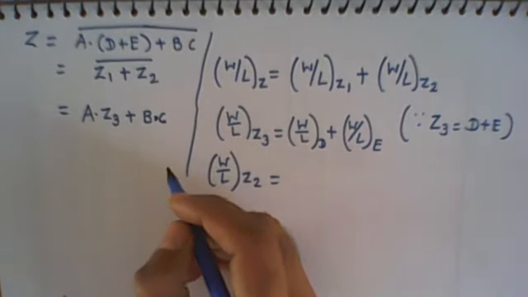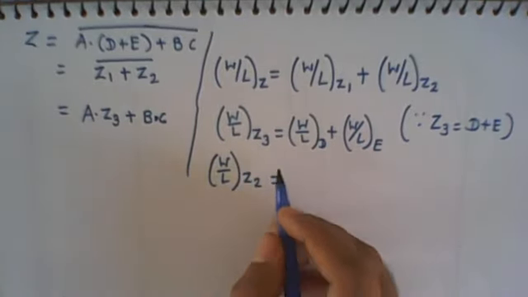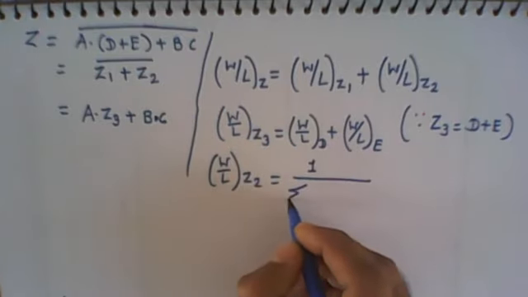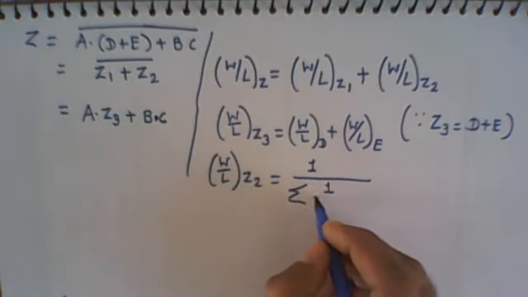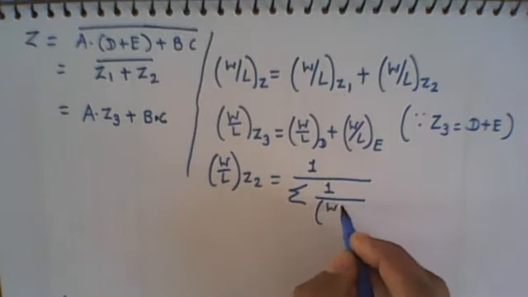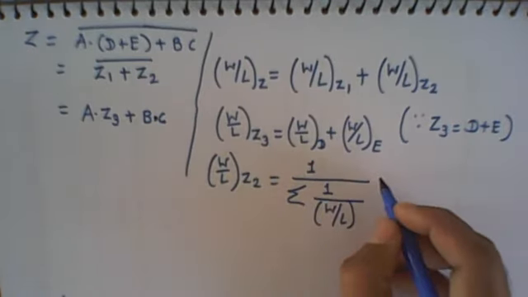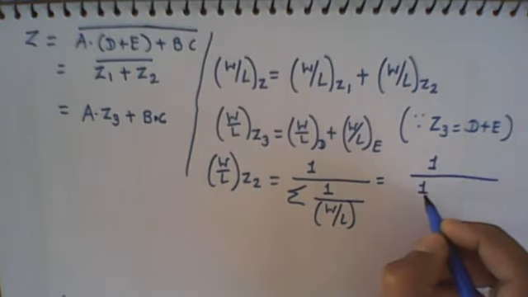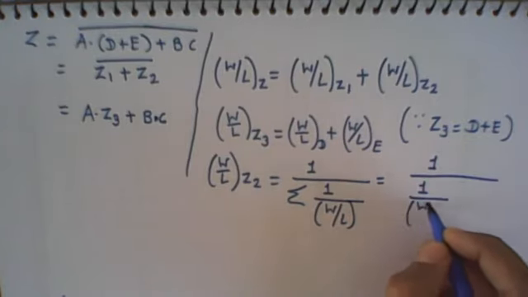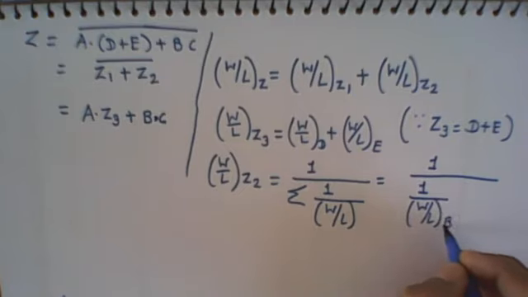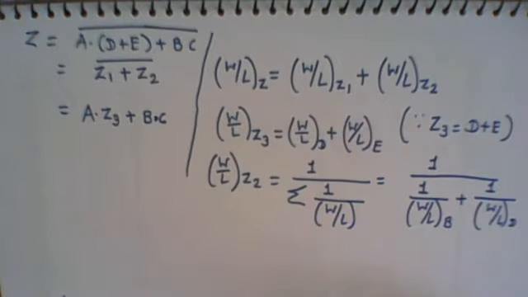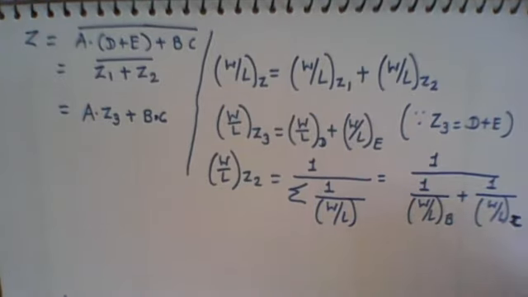In the cascading case, the equivalent W upon L is 1 upon the summation of 1 upon W upon L of B and C. So this can be written as 1 upon W upon L of B plus 1 upon W upon L of C.